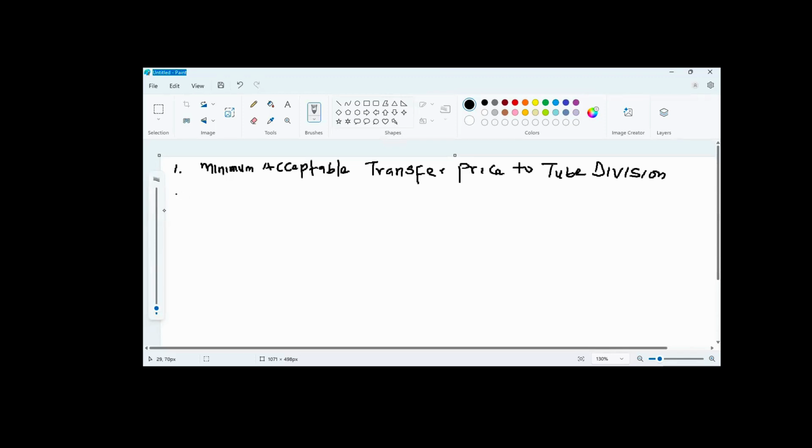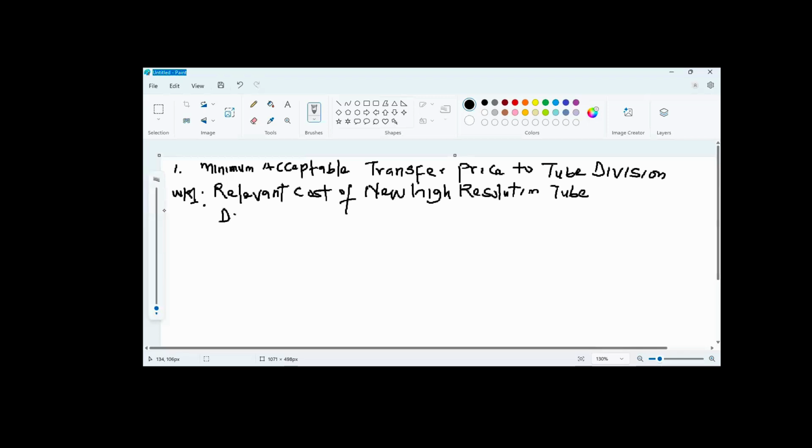First, our first working: relevant cost of new high resolution tubes.